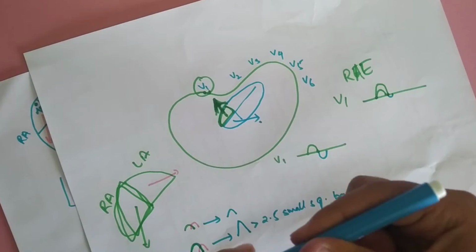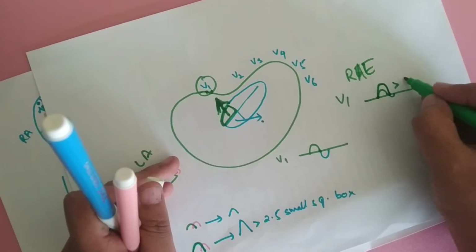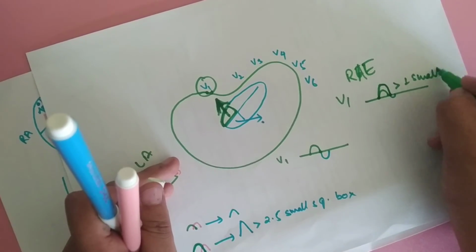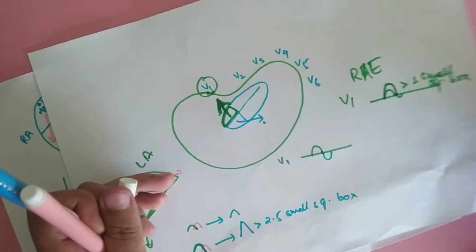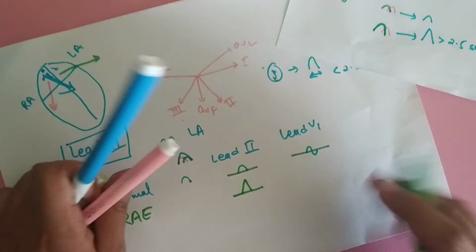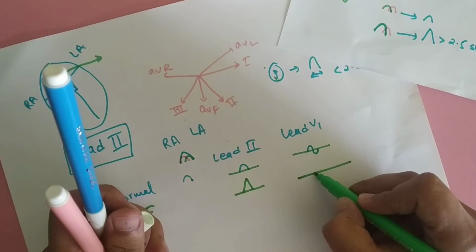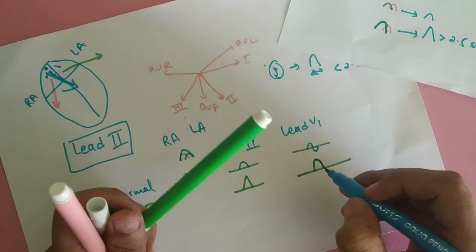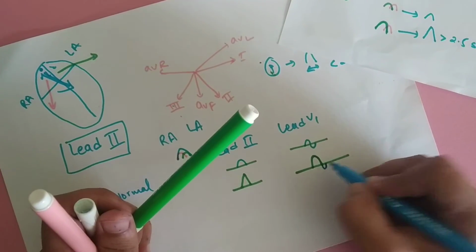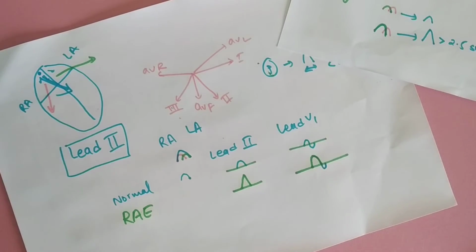So the criterion is that the deflection seen in V1 is greater than 1 small square box. So in lead V1, the difference will be that the positive deflection will be greater in magnitude, that is greater than 1 small box, and a small lower, negative deflection.